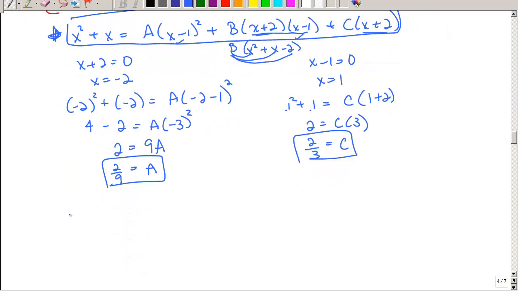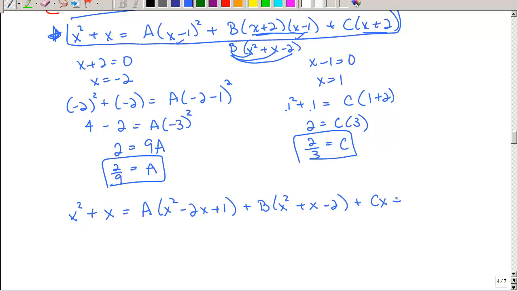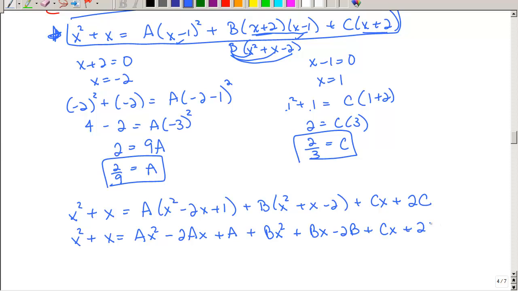So again, if I expand out my equation, okay, remember, once I expand that out, I know that takes a little bit of time, I'm looking for the letter b.